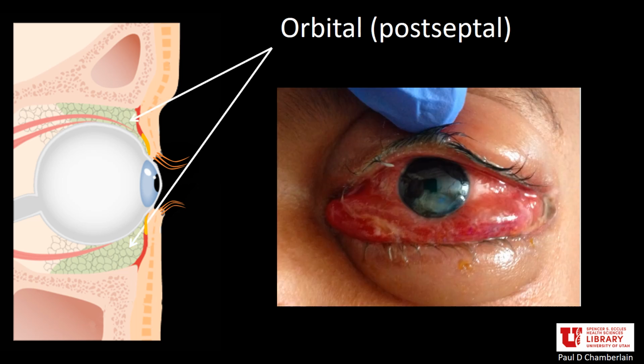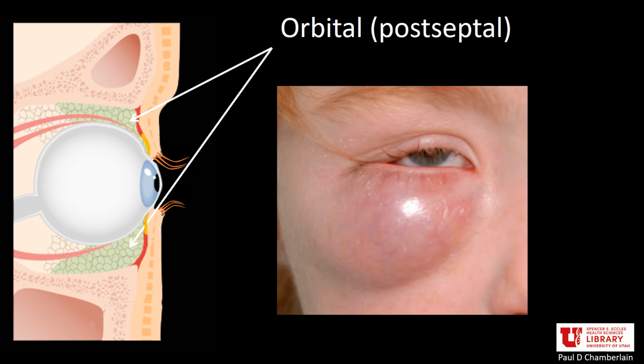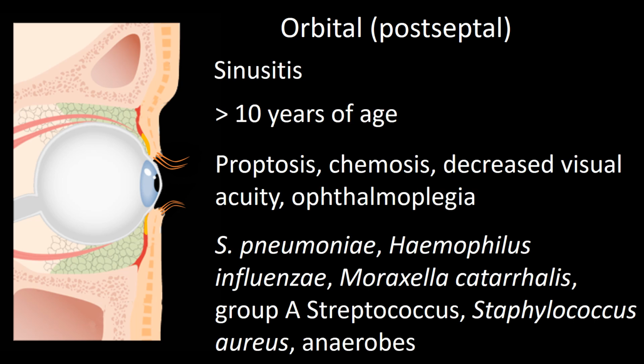Orbital cellulitis, on the other hand, is a more dramatic condition. Manifestations can be very severe, but at times symptoms can be very mild, as you can see in this frame. Orbital cellulitis or postseptal cellulitis tend to occur in patients with sinusitis.